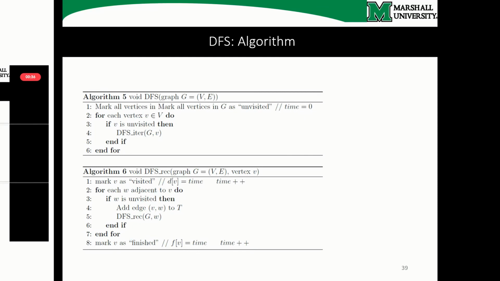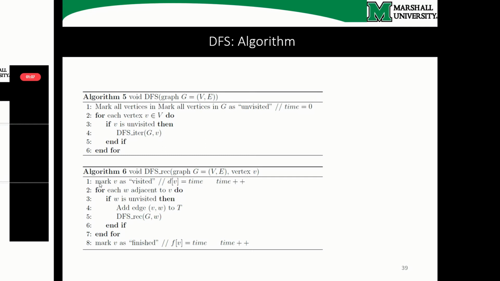So this is an algorithm of DFS. Similar to the BFS, it again starts with marking all the vertices unvisited. Then again a for loop which iterates through all the nodes in V. If the vertex V we are talking about is unvisited, then we will start the second part of the DFS.